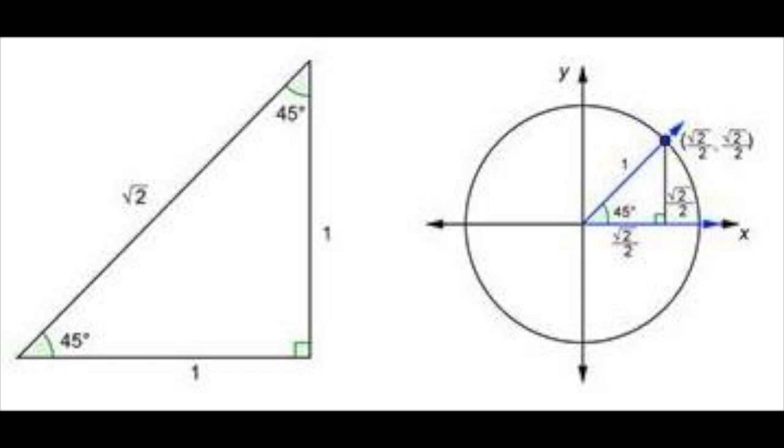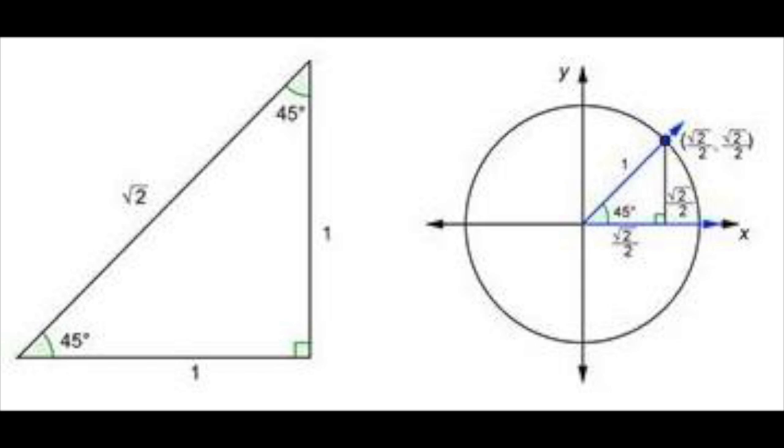This unit circle triangle is similar to the 45-degree, 45-degree, 90-degree triangle. Each side length can be obtained by dividing the lengths of the 45-45-90 triangle.